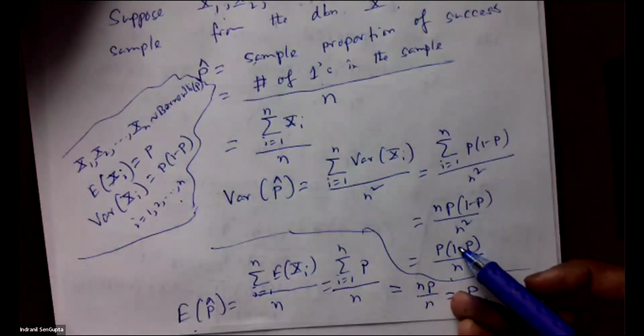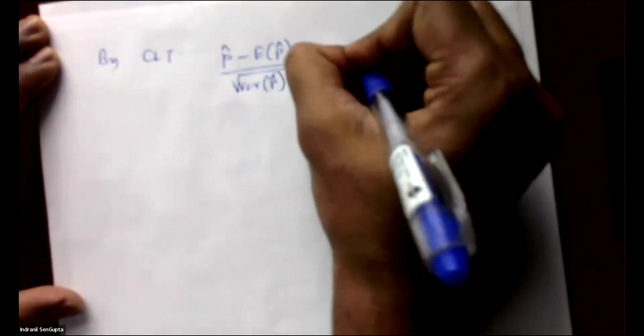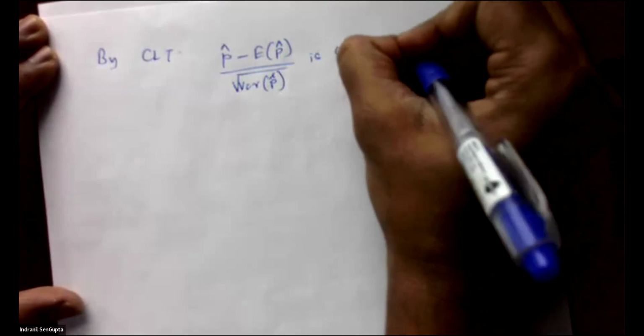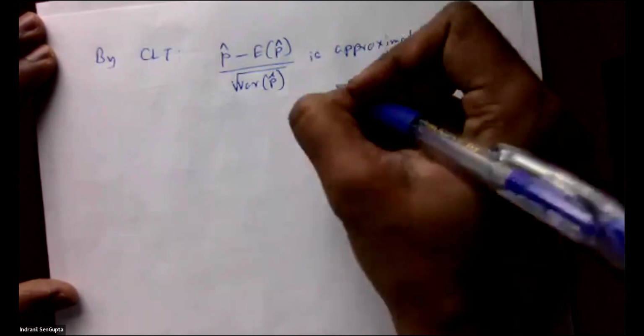Now, referring to the previous discussion, by the central limit theorem, the expression p hat minus E of p hat over the square root of the variance of p hat is approximately standard normal for large n.